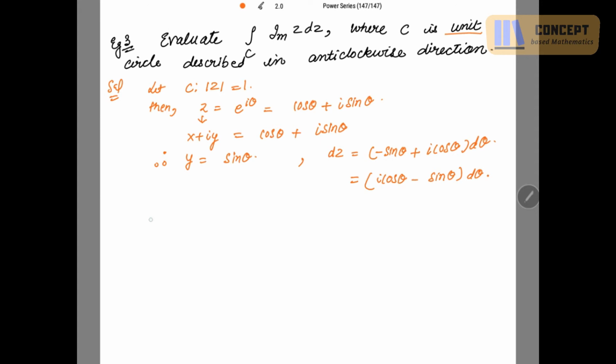So now the given integral, the imaginary part of z dz, is equal to the integral over c. What is the imaginary part of z? Imaginary part of z is y. So this is y dz.